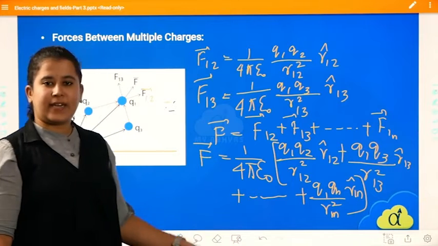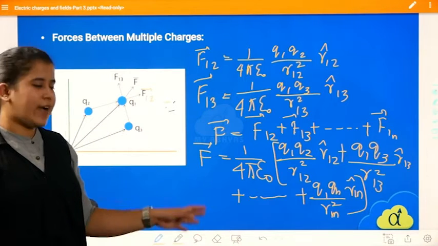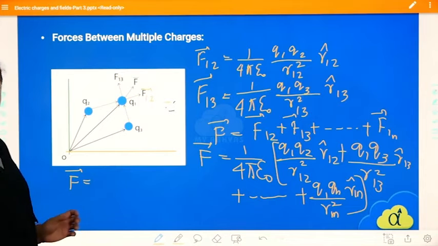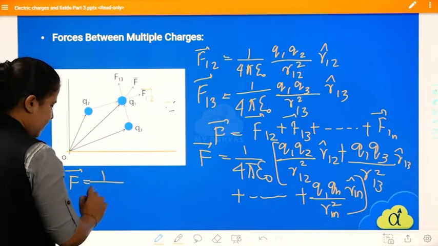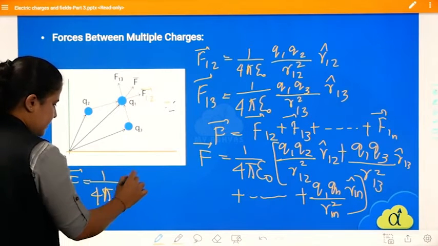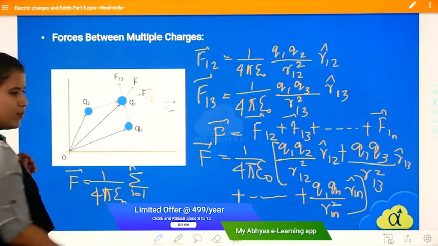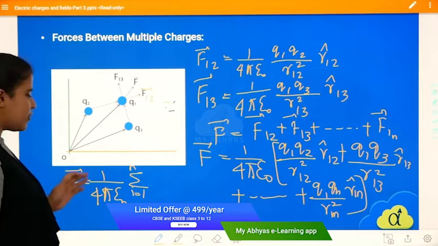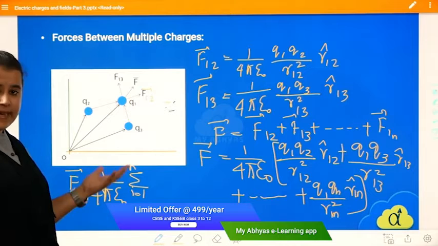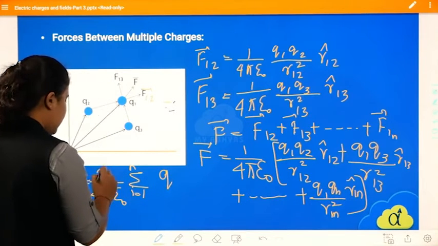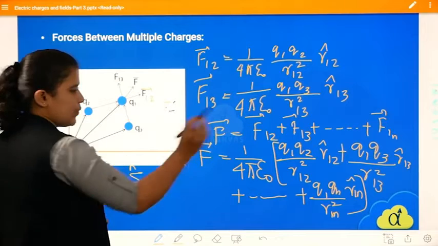So now I need the final resultant. To have the final resultant, I'll take F vector is equal to summation, 1 divided by 4 pi epsilon naught, summation of i equal to 1 to n. Once I put i equal to 1 to n, I can just write Q1, because in all the cases Q1 is common.